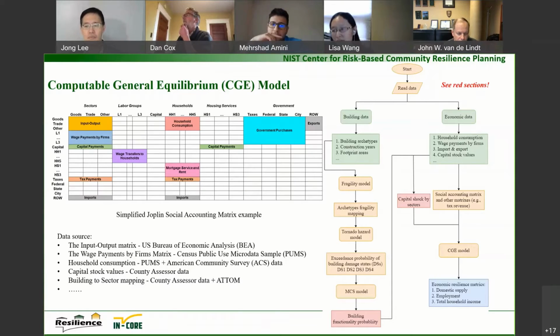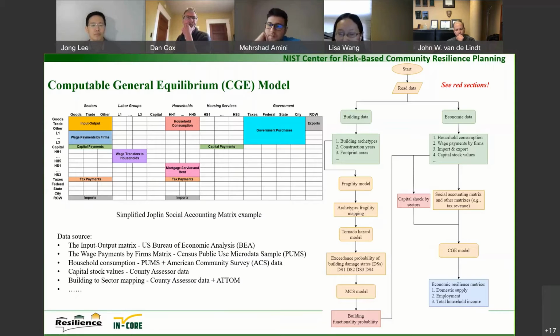The CGE model can be solved based on the equilibrium of the social accounting matrix as well as a series of mathematical equations. As you can see, the figure on the left-hand side is a simplified Joplin social accounting matrix example. The social accounting matrix has some sub-matrices inside, and different sub-matrices have different data cells.